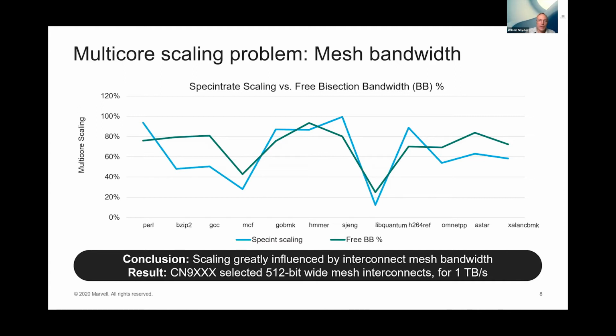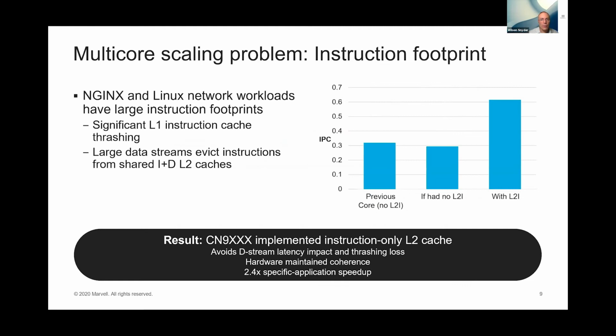So looking at this, and again, other applications, we decided to settle on a 512-bit wide mesh interconnect. And this gives us over a terabyte per second of cross-section bandwidth within the die. Also, if you look at the slideshow, if you happen to review it online, we actually route these wires over the top of the cache. So our caches, to some extent, are free because we have the wires running over that section of the die anyway.